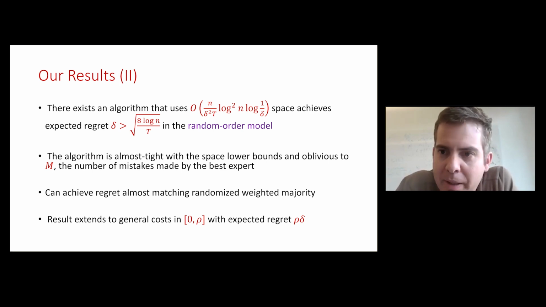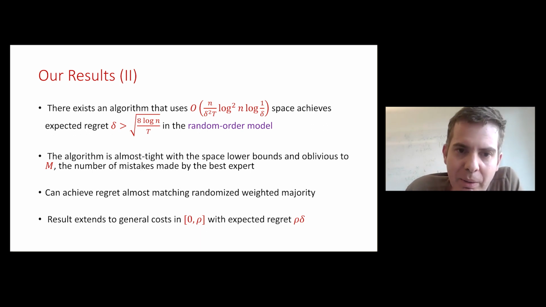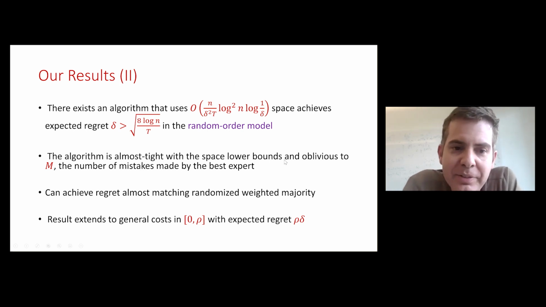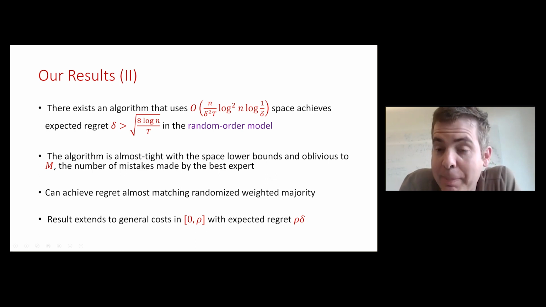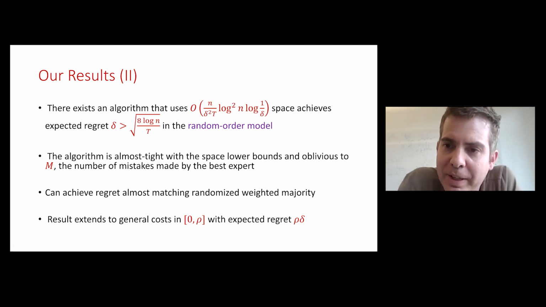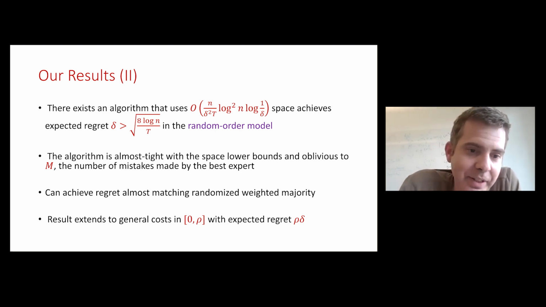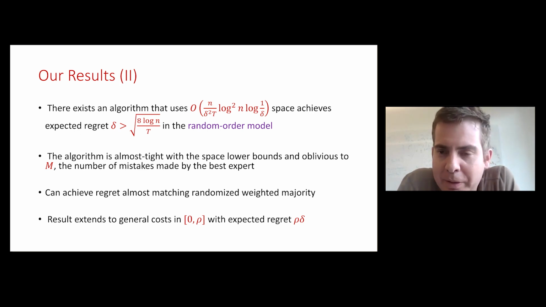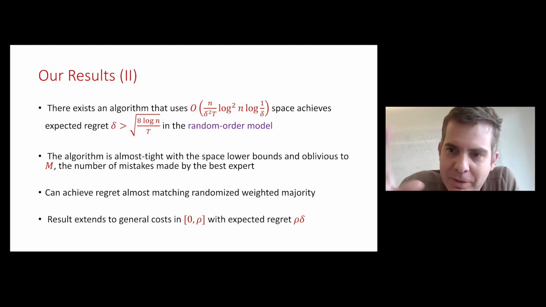One nice thing about this random order algorithm, the second bullet here, is that the algorithm is, as I said, almost tight with our lower bound, and it's oblivious to the number M. Capital M here, remember, is the number of mistakes of the best expert. So it doesn't need to know stuff that you shouldn't assume that you would know in practice. And as I said, the third bullet here is that the trade-off is the full spectrum, right?